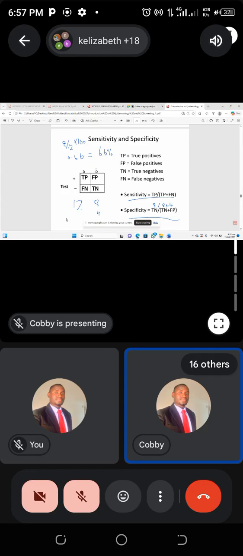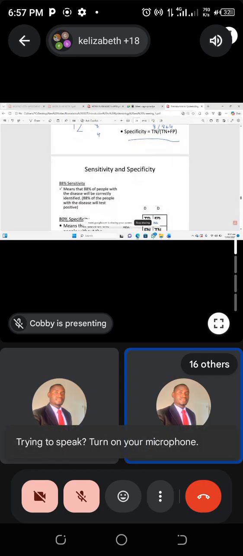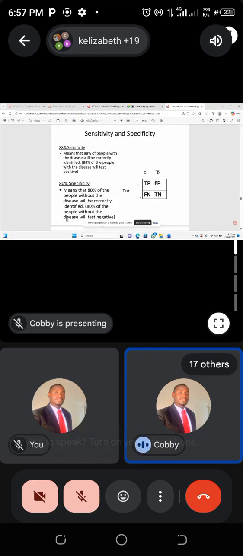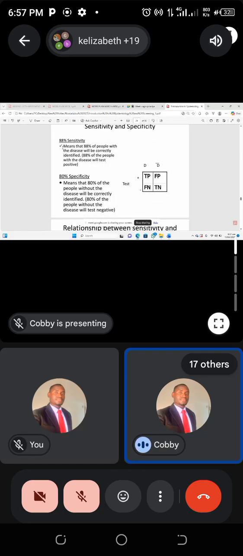So we go to the next. This one is just an example telling us that if you have 88% sensitivity, this means that 88% of people with the disease will be correctly identified. So 88% of the people with the disease will test positive.